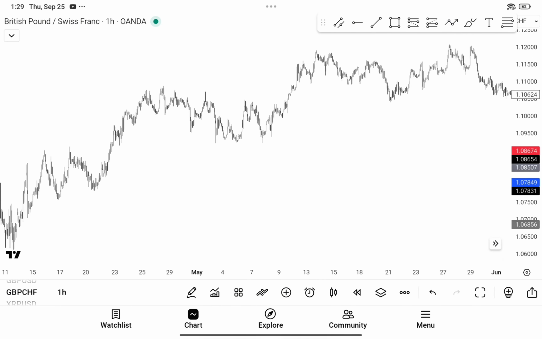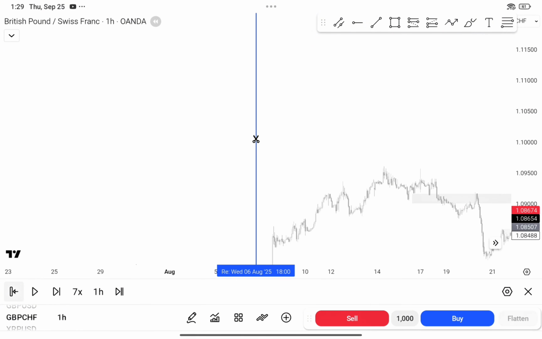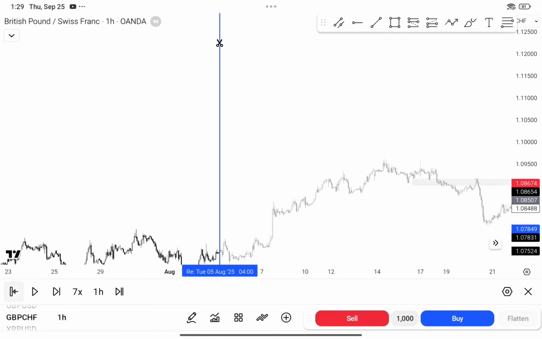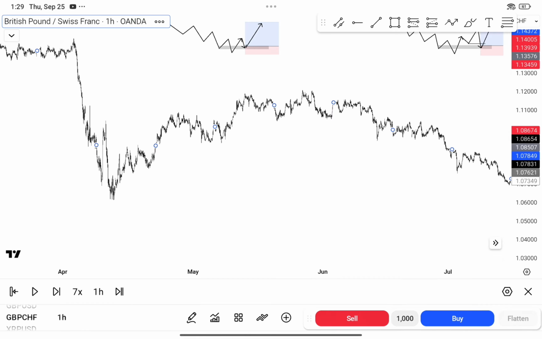Looking at this area over here. Let me bring back my bar. Where did this pair go to? Then I'm looking for this stuff.